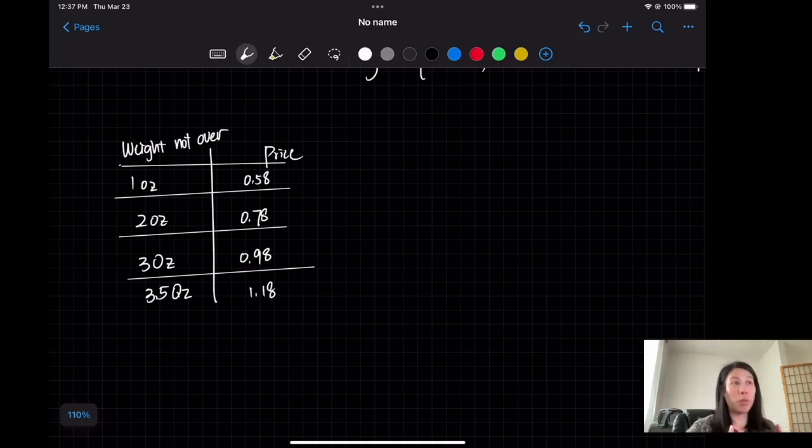So what will be the range and what will be the domain? Remember that domain is all the possible input values and range is all the possible output values of the function.